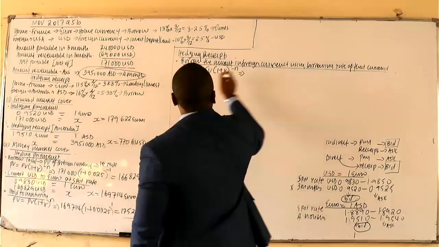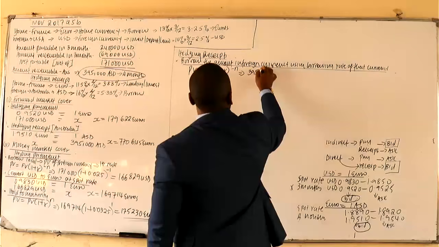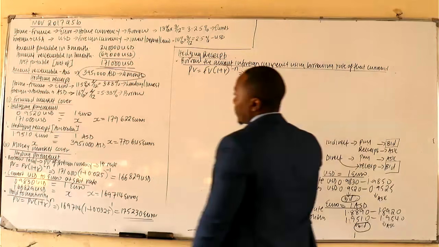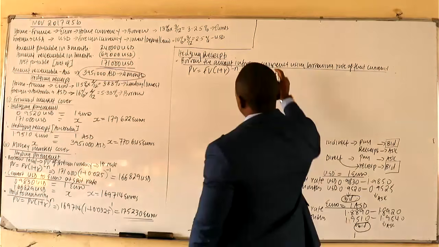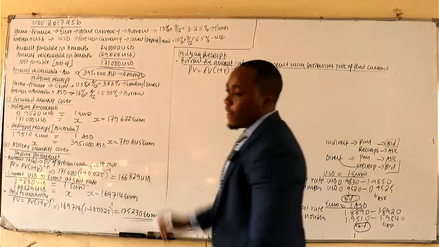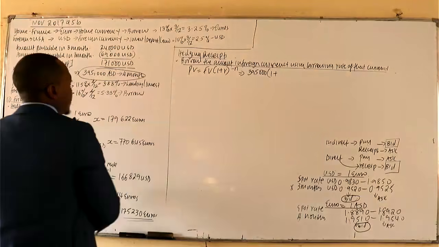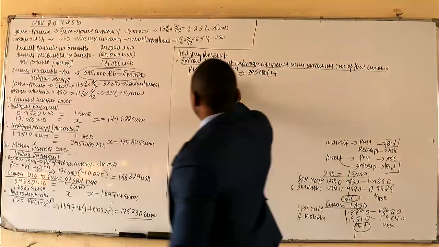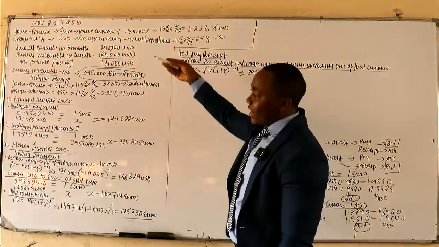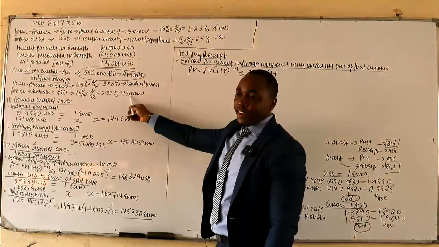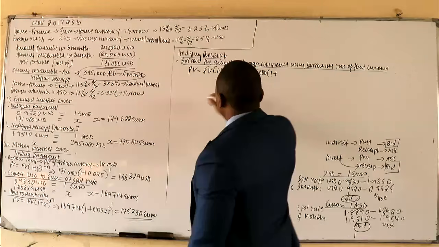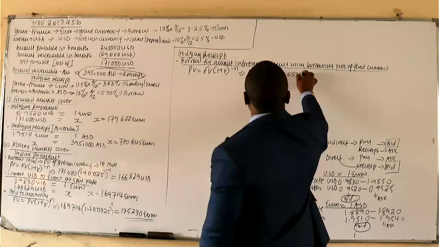So we'll take 395,000, 1 plus r. How much is our r? In this case, we are borrowing using the foreign currency, so the rate is 5.33%, 0.0533, raised to power negative 1.